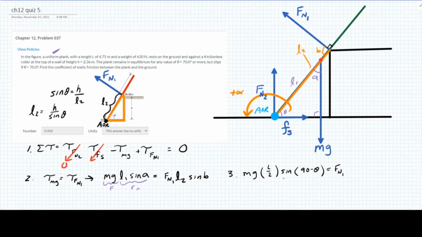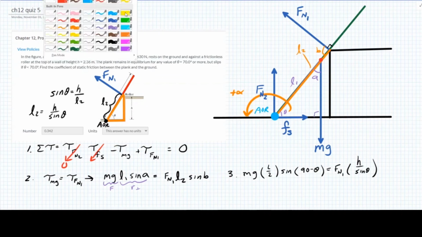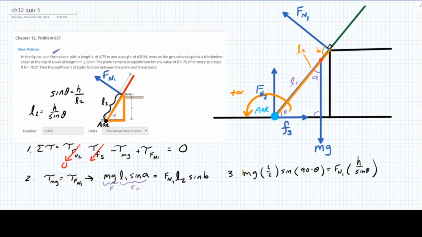So L2 is H over sine theta. Let's double check this. This was a result of my torque inventory. Before we punch in the final numbers, this was my mg force. mg was acting on the center of mass, and the center of mass for a uniform plank is just going to be at L over 2 because it's uniform.